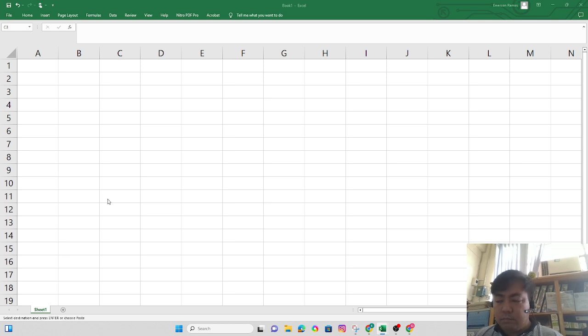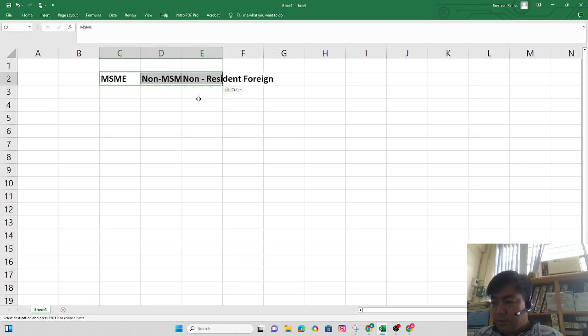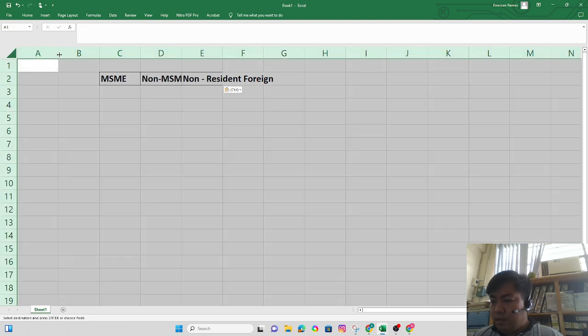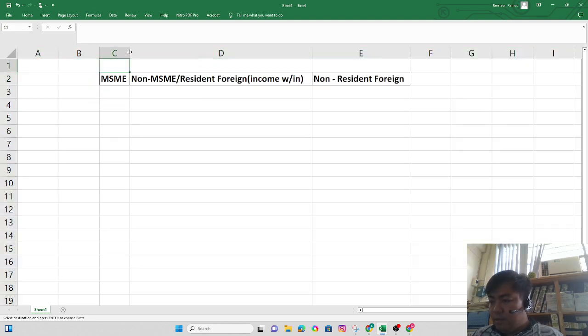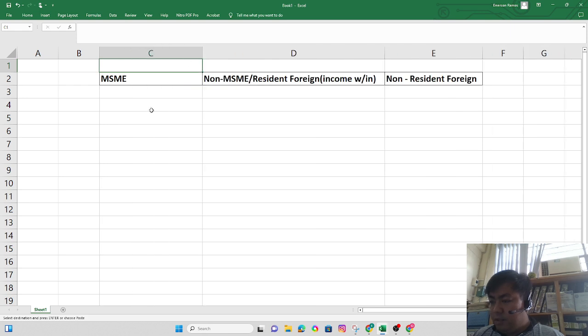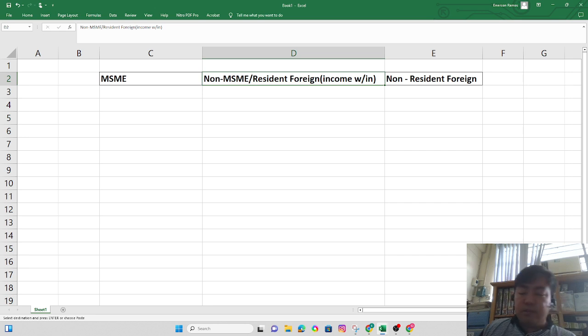So we have domestic corporation, which is classified as micro, small, and medium enterprises, then domestic corporation which are non-MSME, resident foreign corporation, and non-resident foreign corporation.